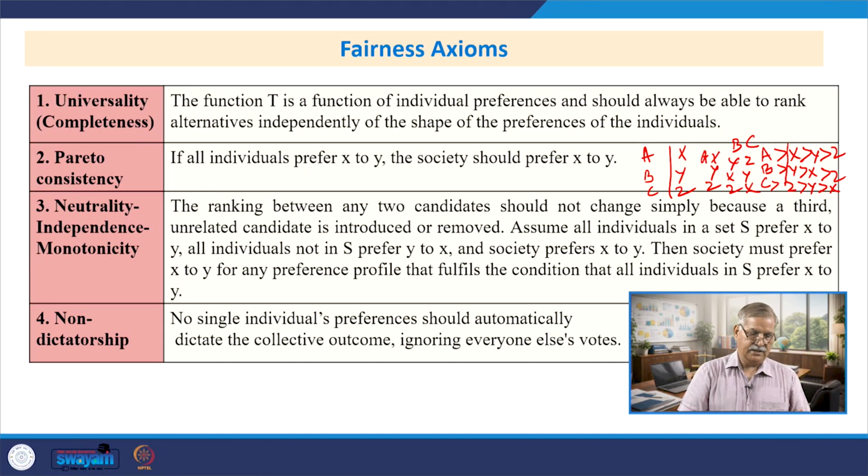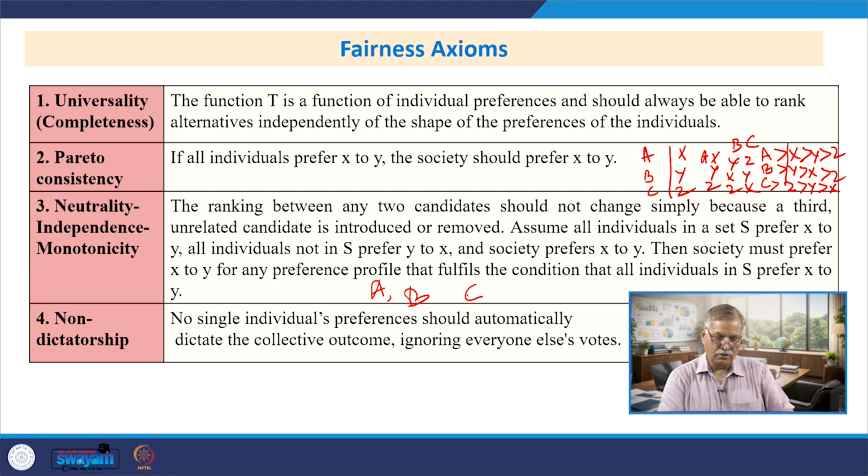Then neutrality, independence, monotonicity: the ranking between any two candidates should not change simply because a third unrelated candidate is introduced or removed. For example, in an election, if there are two dominant candidates A and B, and a third candidate C also enters the field, and that is a weak candidate, the presence of C will not change the ordering of the voter preference between A and B. Then non-dictatorship means that a single person cannot dictate the policy making.